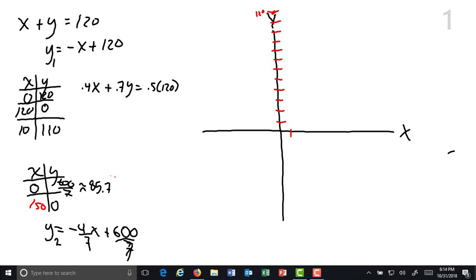I don't know why I put 10 here, that was crazy. Anyway, I didn't need it. So this is going to look something like that. And that's going to be the graph of y1.